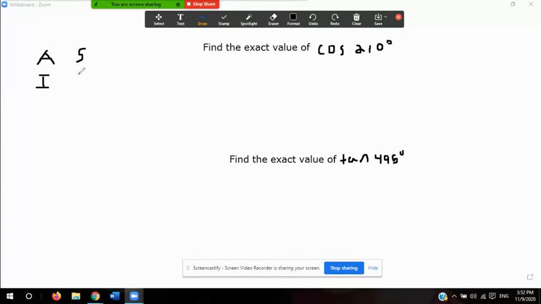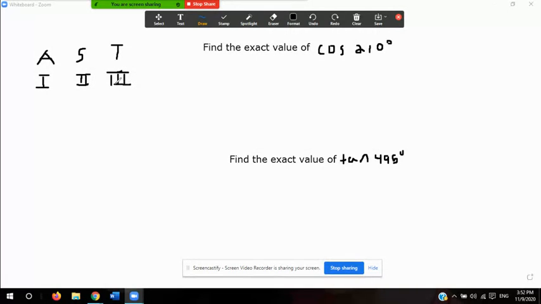Students, in quadrant 2, only the sine and the cosecant, which is the opposite of the sine, are positive. Take, in quadrant 3, all trigonometric functions are negative except the tangent, and of course the cotangent, because the cotangent is the opposite of the tangent.